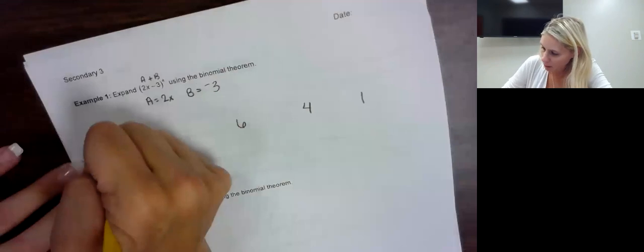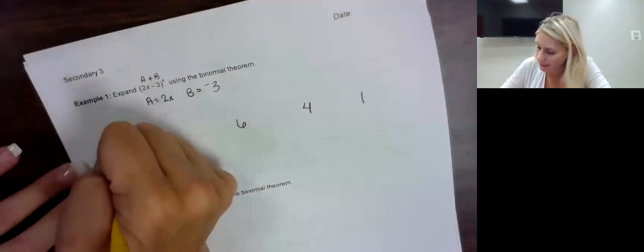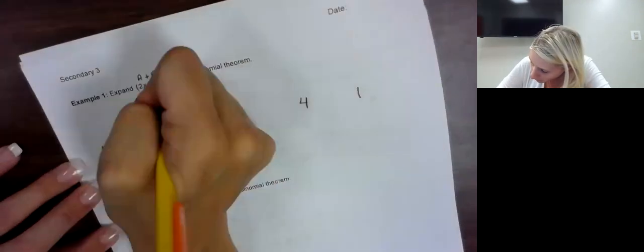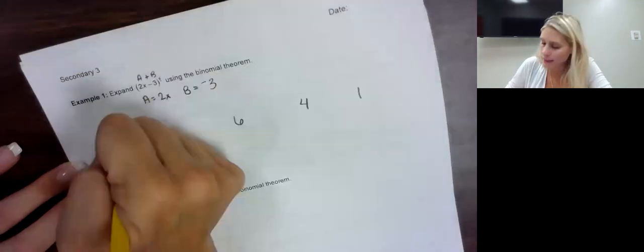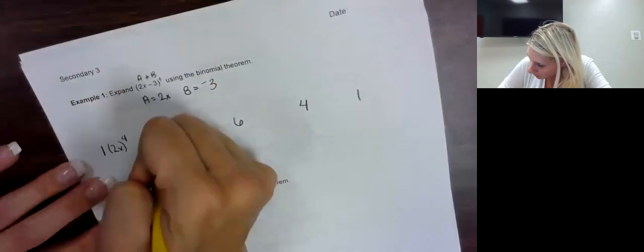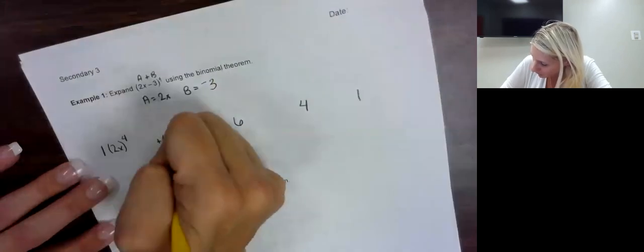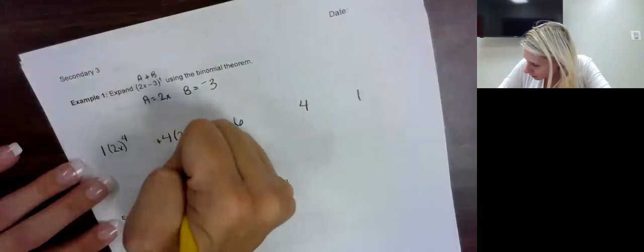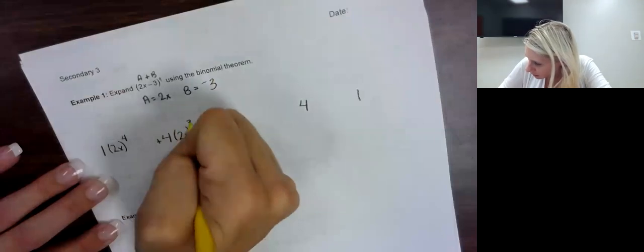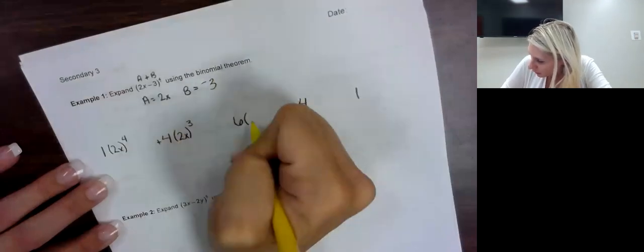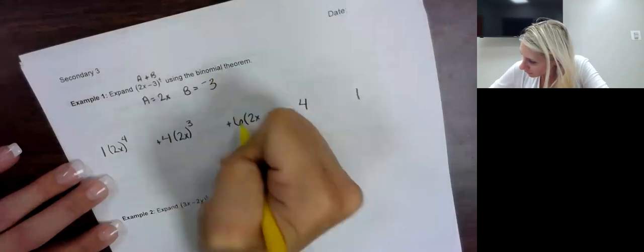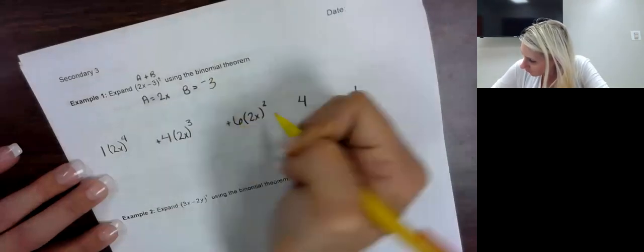Now, what do we do? We're going to take our A's first. We're going to start with our A to the highest exponent, which in this case is 4. Then every time I'm going to go down 1. So now it's to the third, to the second, to the first.